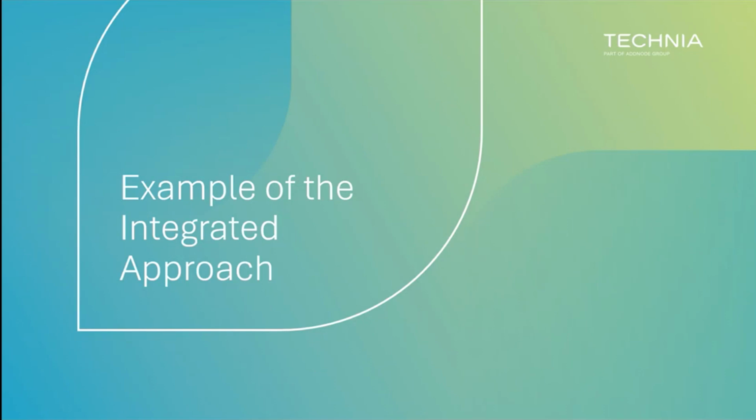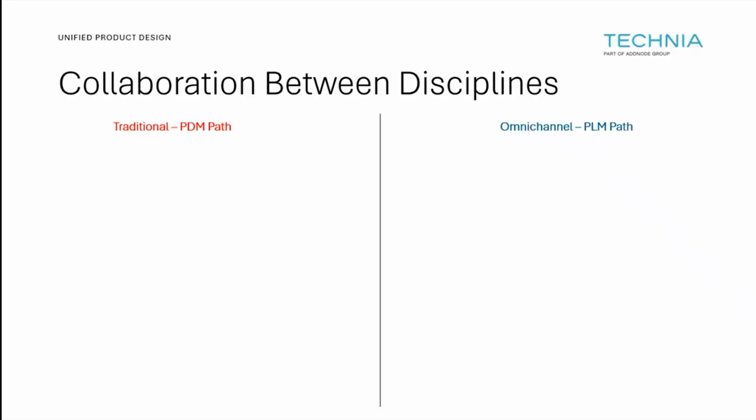And to give you some concreteness around the topic, this section demonstrates the use of integrated product flow through an example design process. So now let's look at how collaboration happens between different disciplines. First, in a traditional product data management or PDM environment, and then in a product lifecycle management or PLM environment.